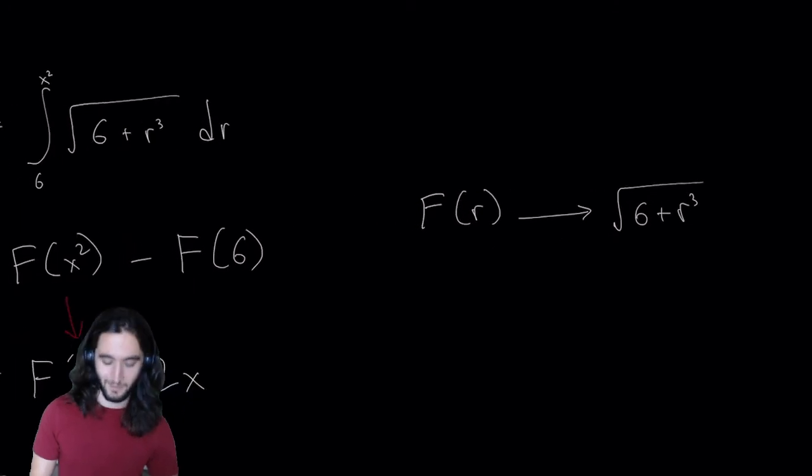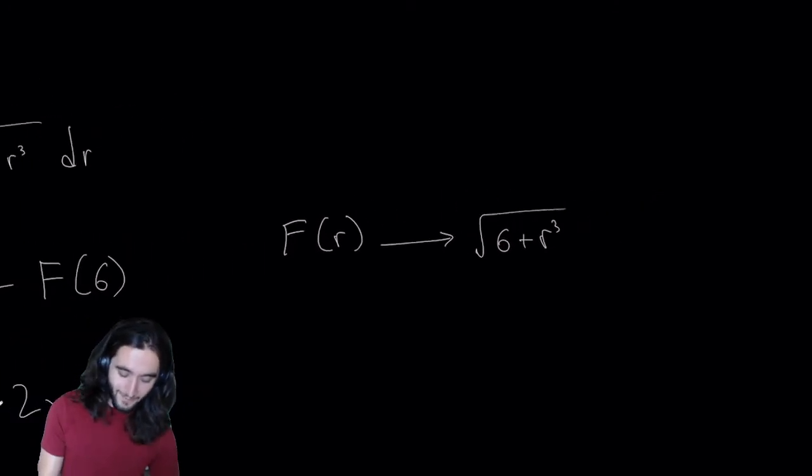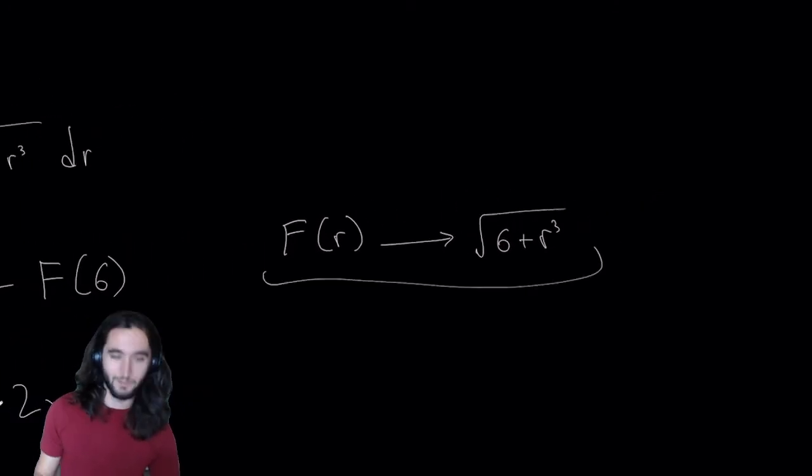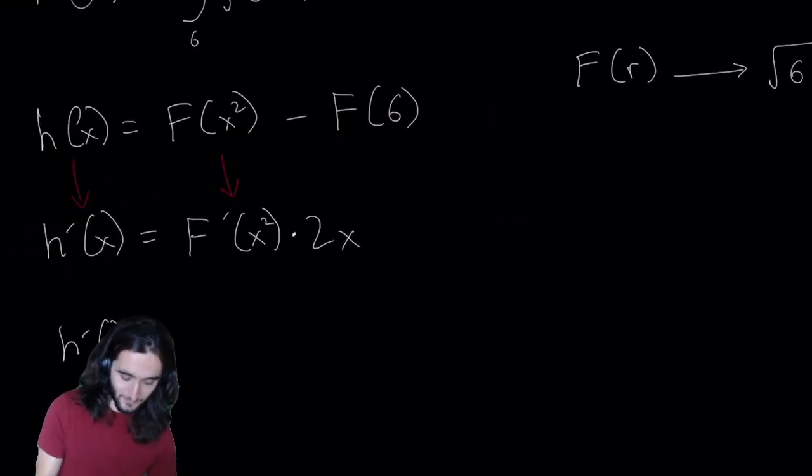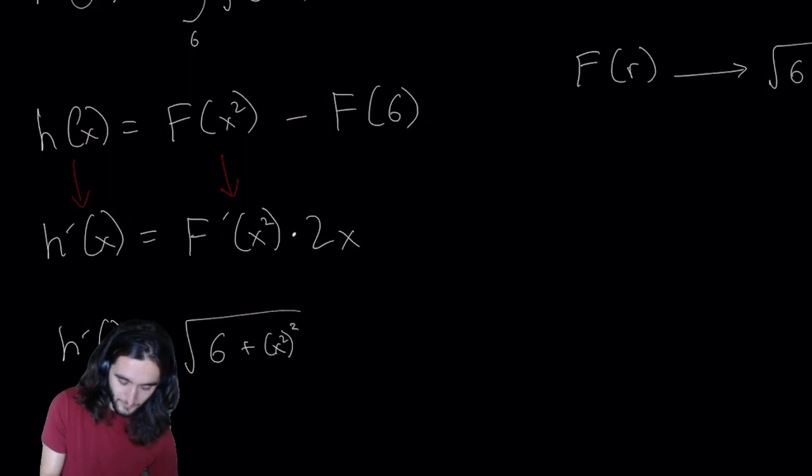F is the antiderivative of the square root of 6 plus r cubed. So F prime is the square root of 6 plus r cubed, right? So it's x squared plugged into that, the square root of 6 plus the input cubed.